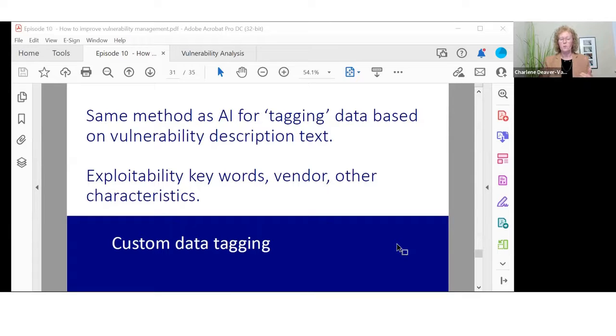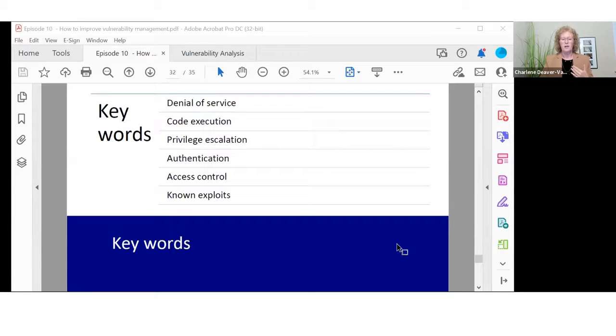The exploitable keywords are things that over time I have seen. In fact, I was counting up today how many lines of vulnerabilities I've probably looked at, and it's something in the realm of 30 million. So in that time, you notice some trends. These keywords, and this is just a short list, there are some others, are things like denial of service, code execution, privilege escalation, authentication, access control, and known exploitability, right?